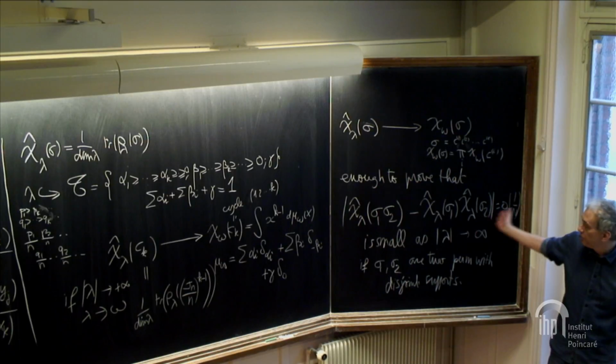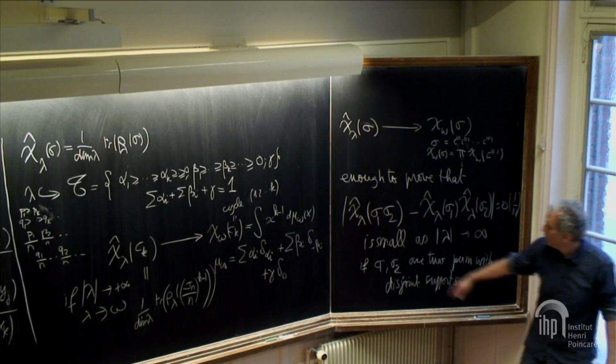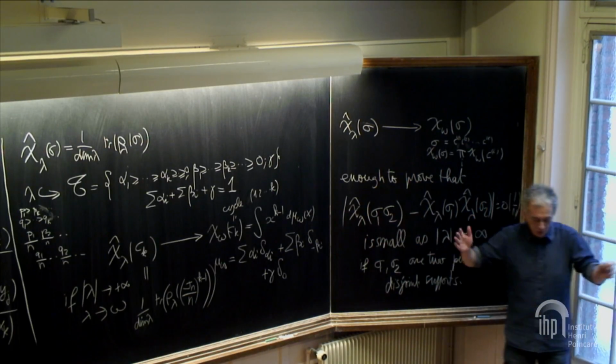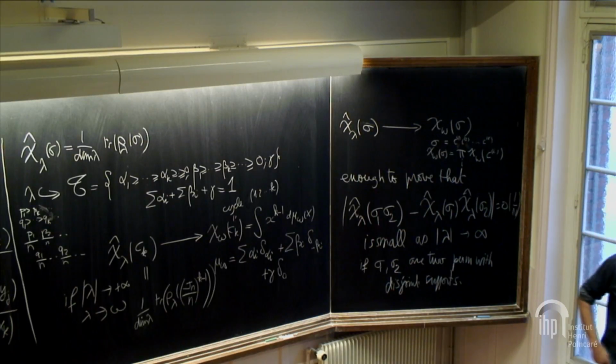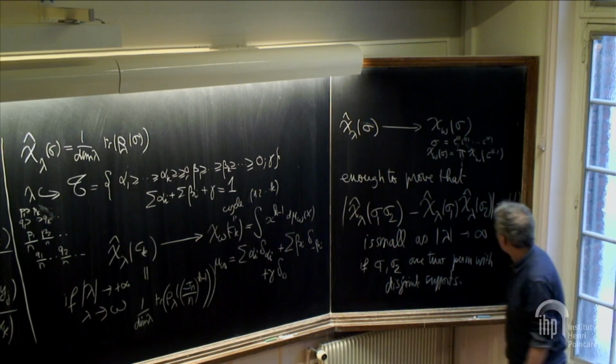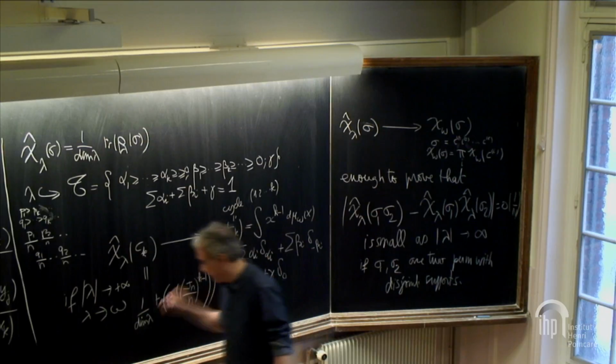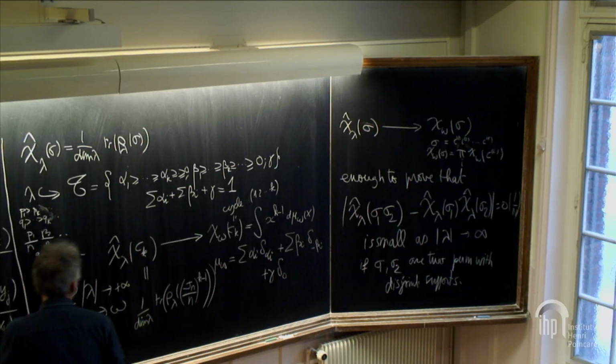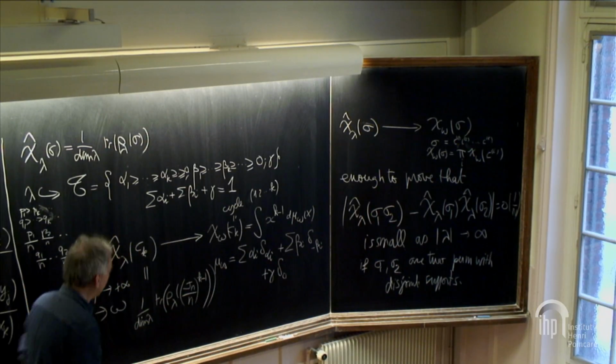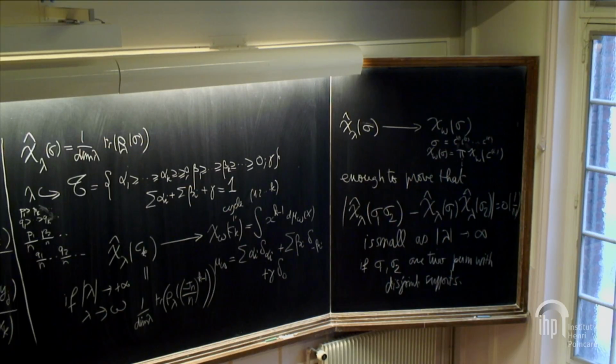And this will be uniform over all lambda, and all permutations with some fixed size. Okay, so why is it true? Well, this is again the same idea as in the proof that I made using the Jucys-Murphy elements. So the idea is the following.